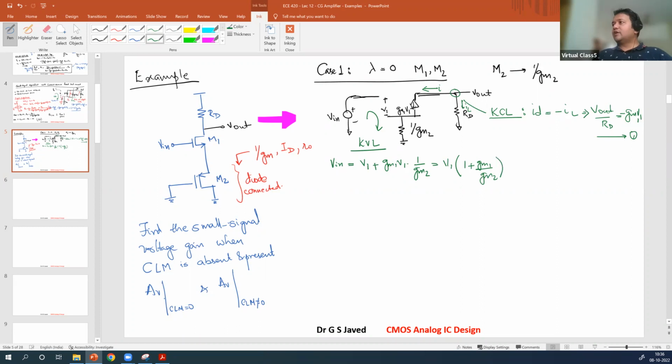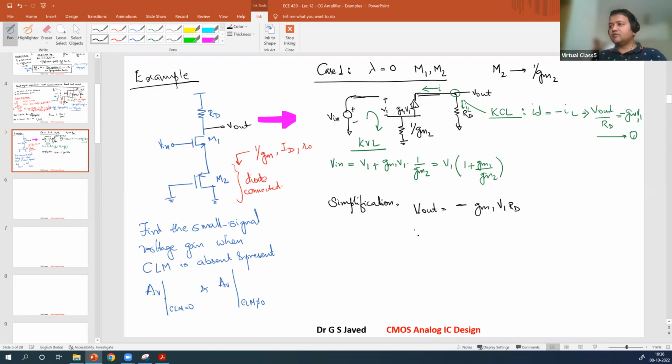If you simplify and try to get V out over V in, when you substitute the V in value here, on simplification, you get V out is equal to minus GM1 V1 RD, this equation.